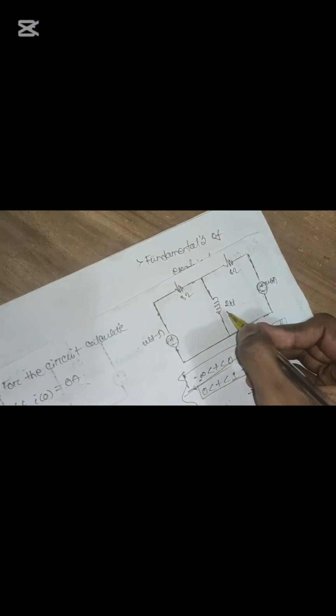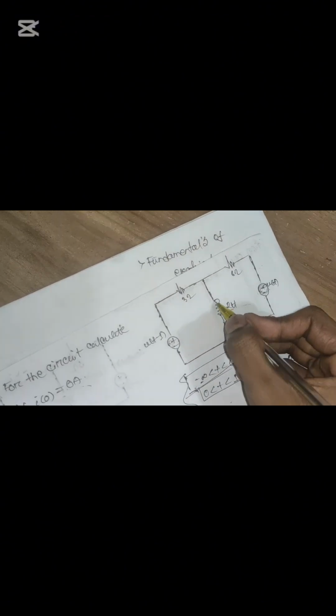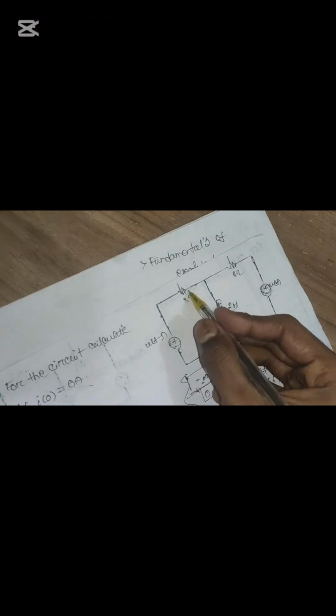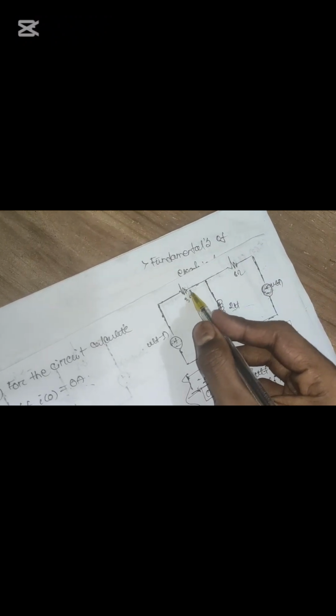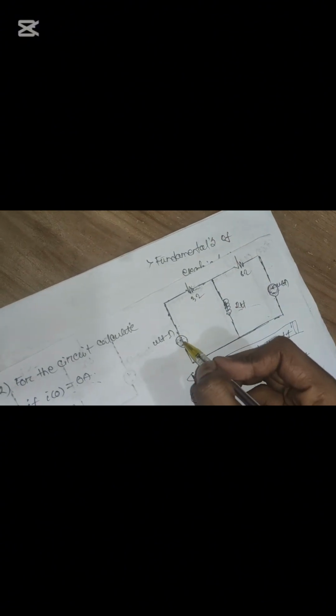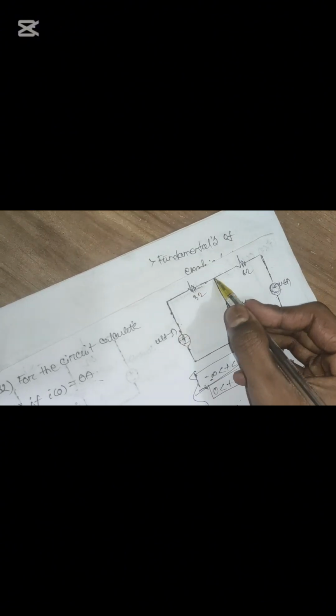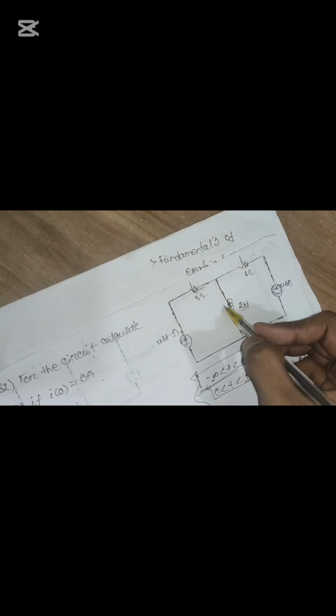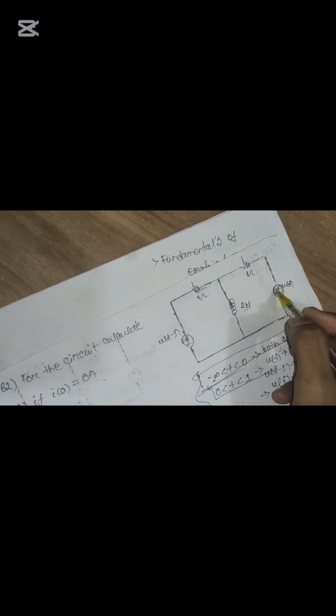Now if we replace the inductor as a short circuit, there will be no current flowing through the 3 ohm resistance because it will be short circuited. The whole current will pass through the 6 ohm and then come back to its origin.